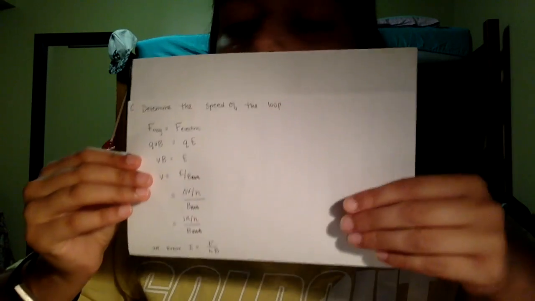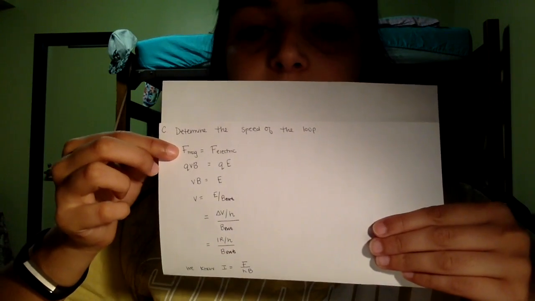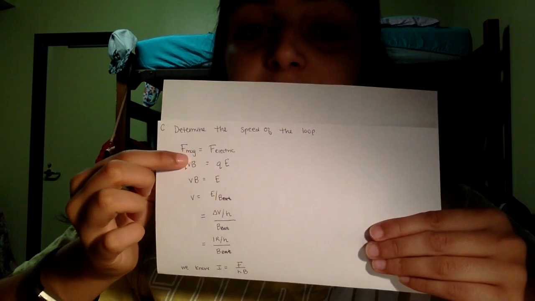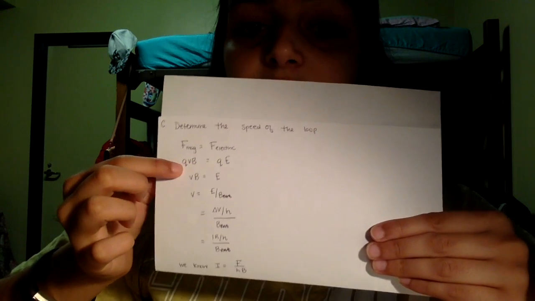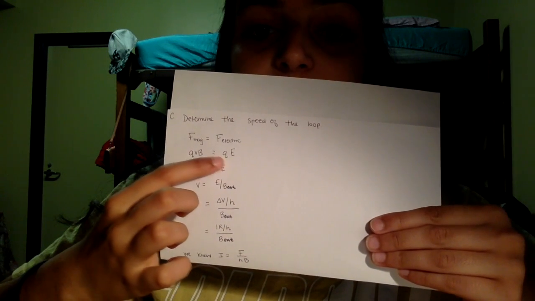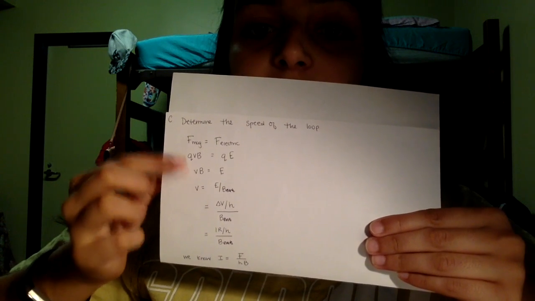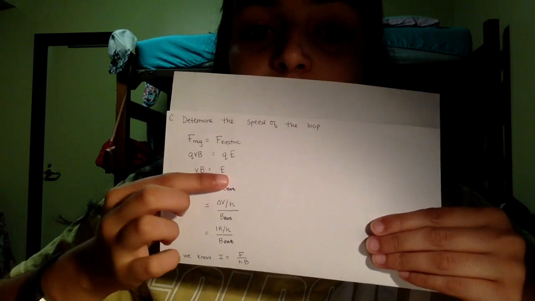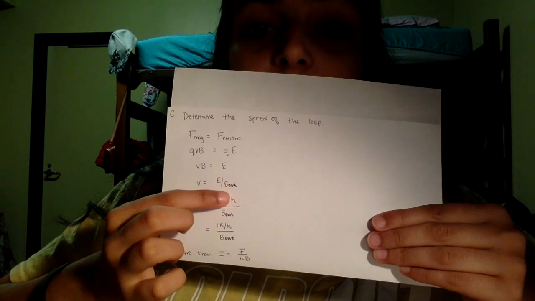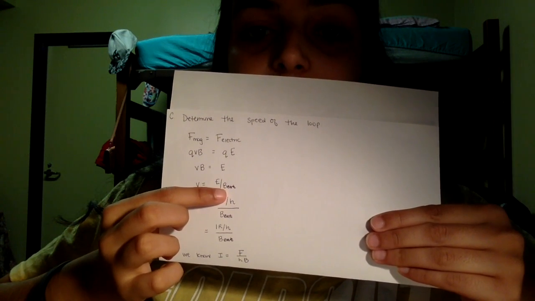The way I approached this question was knowing that the magnetic force is going to equal the electric force. We expand these into their definitions: the magnetic force equals Q times V times B, and the electric force is Q times E. The Q's cancel out on each side, so we're left with VB equals the electric field, and we can isolate our velocity, which equals the electric field over the magnetic field.